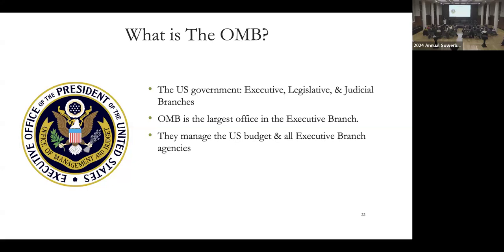The part that handles executing the law and making sure that the will of the legislative branch and the judicial branch gets respected among the American people is the executive branch. And in the executive branch, the Office of Management and Budget, which is the largest office in that branch, has a unique power to tell all the other offices in the executive branch what to do, especially with respect to statistical policy.